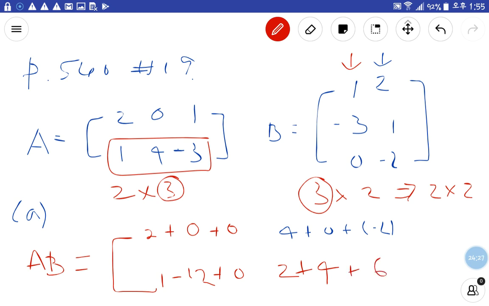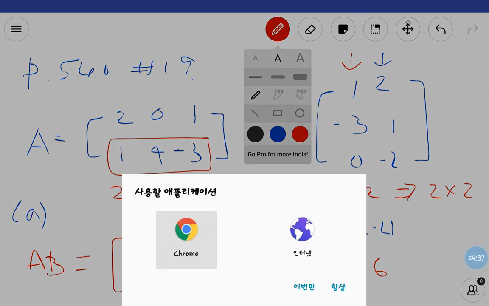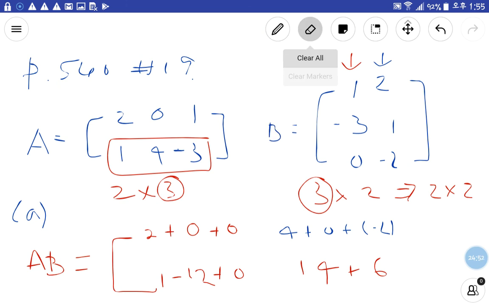Okay? It's better to use a blue color. Okay. So now 2, 4, 6. So I got 2, 4, 6.